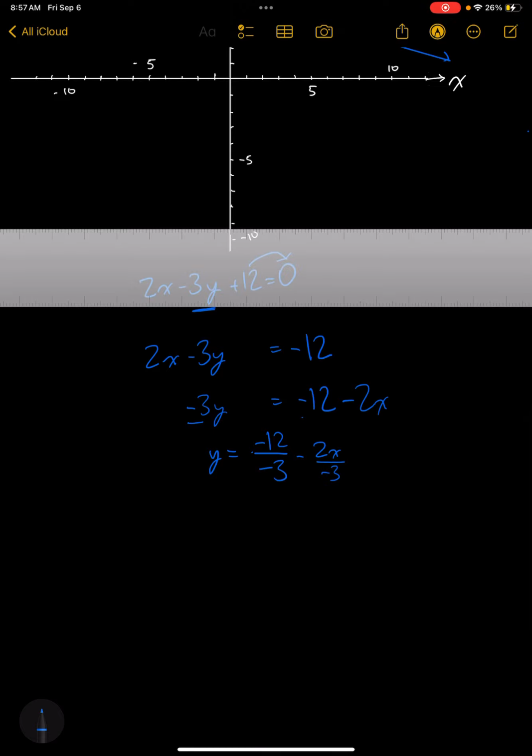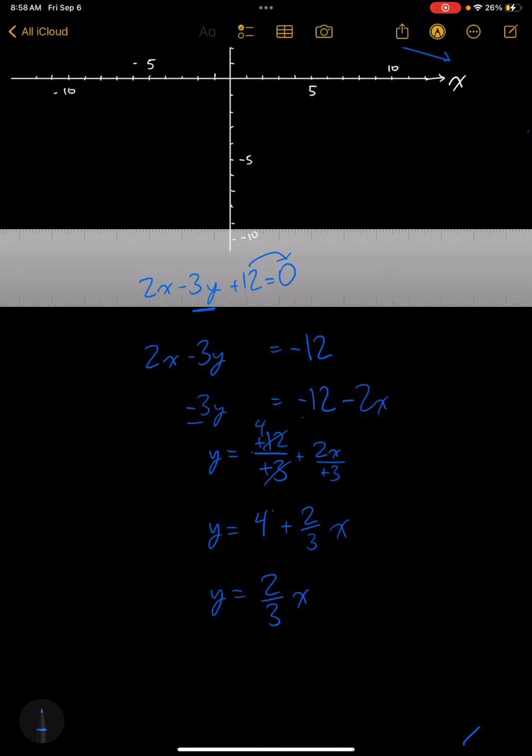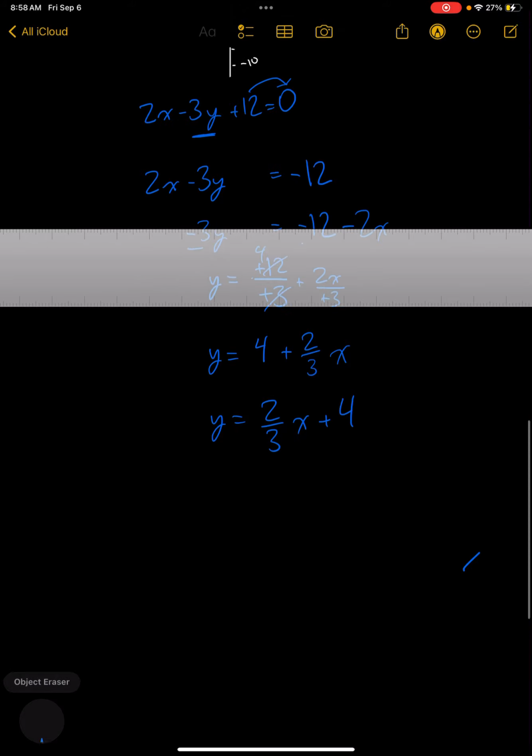Let's simplify. y equals, this becomes positive, and I divide by 3, this becomes 4. The two minuses become plus, so plus 2 over 3x. I just rearrange them. So 2 over 3x plus 4.